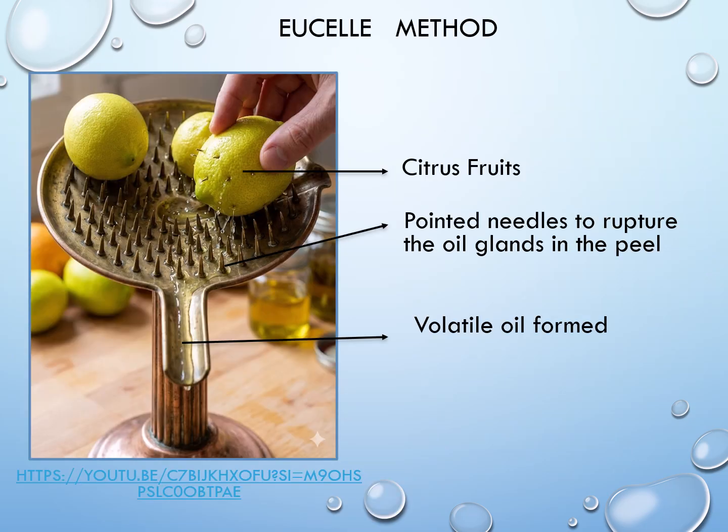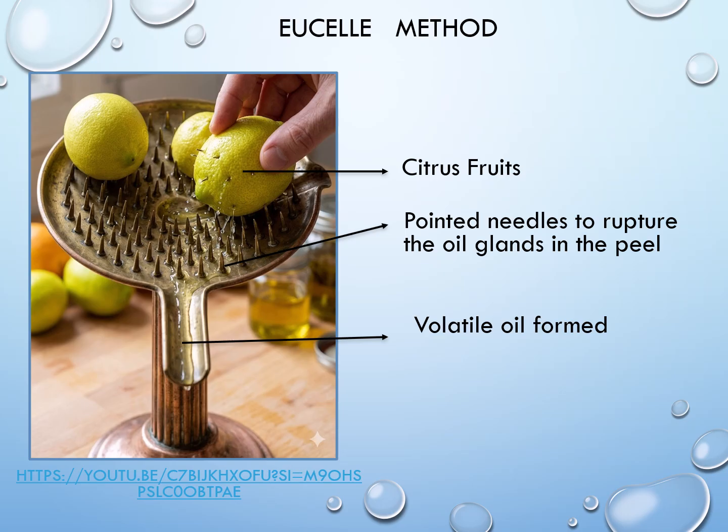The next method under expression is the Useley method. So here you can see a specially designed apparatus, which is nothing but a large bowl meant for pricking the outer surface of citrus fruits. So this method is mainly used for isolation of volatile oil from citrus fruits.